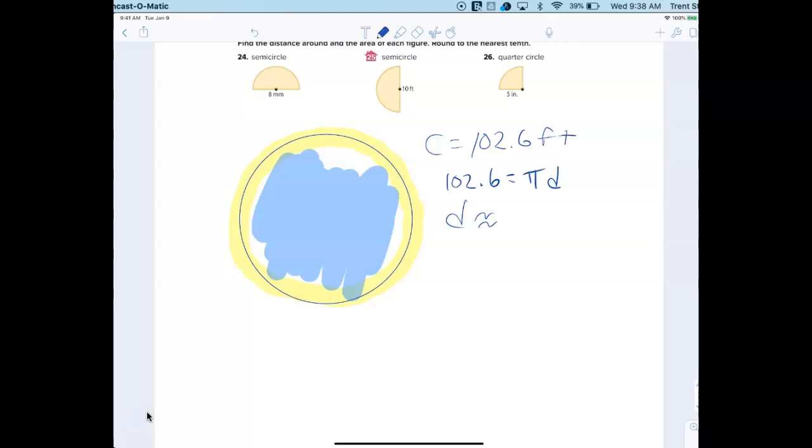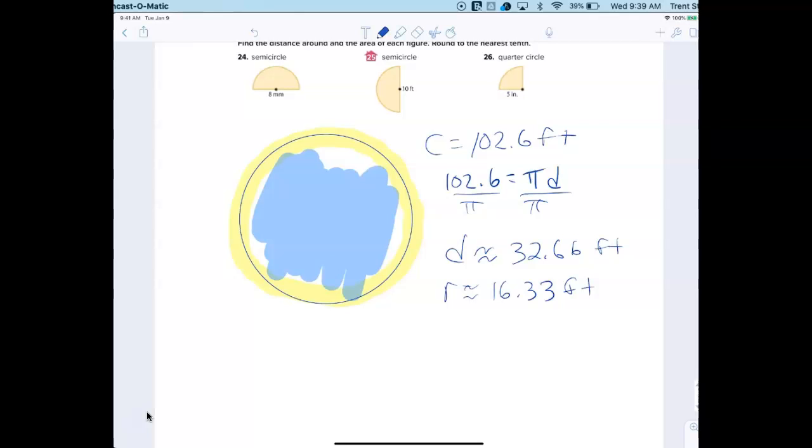So 102.6 divided by, then you hit the pi button on your calculator. 32.66 approximately. That would be feet. Now, what would be the radius? Divide that by 2. So the radius is approximately 16.33 feet.